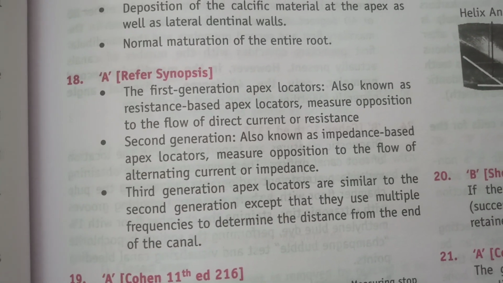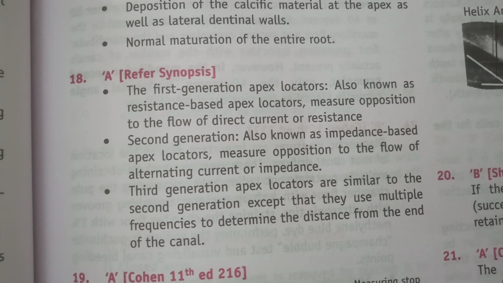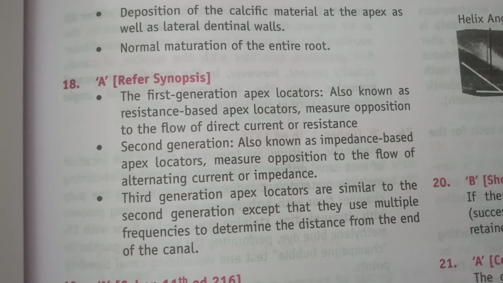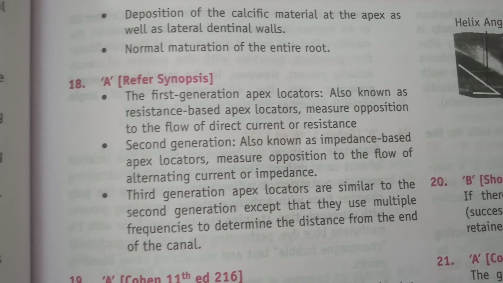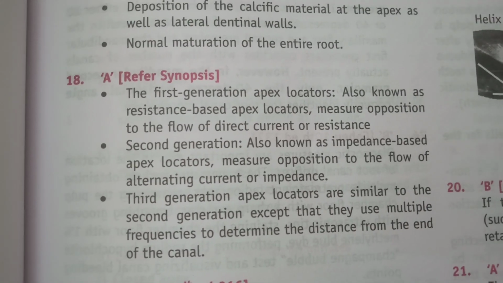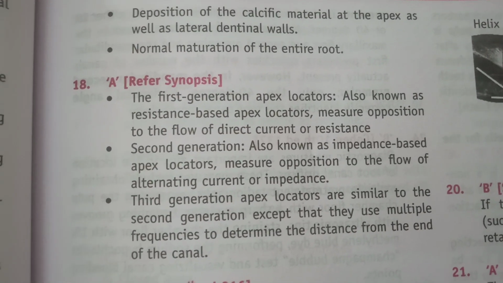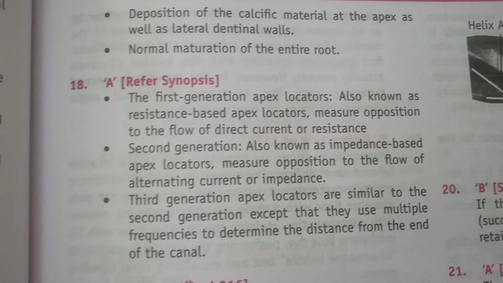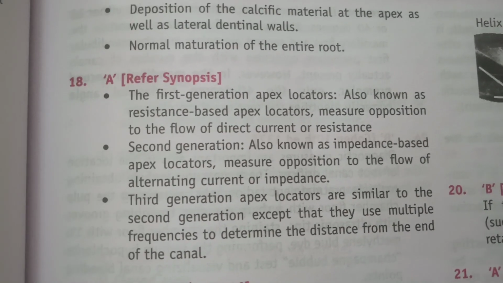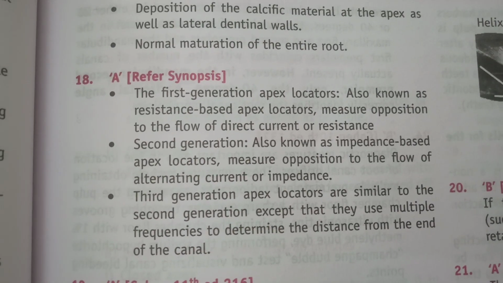Second generation, also known as impedance based apex locator, measures opposition to the flow of alternating current, or impedance. Third generation apex locators are similar to the second generation, except that they use multiple frequencies to determine the distance from the end of the canal.